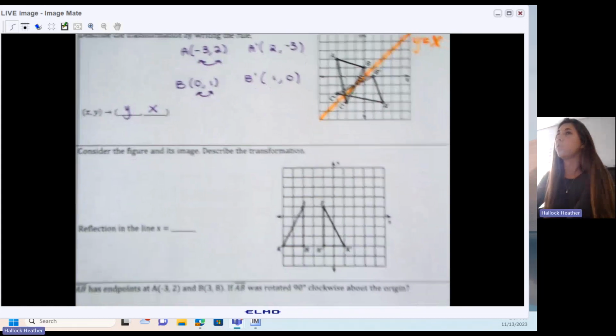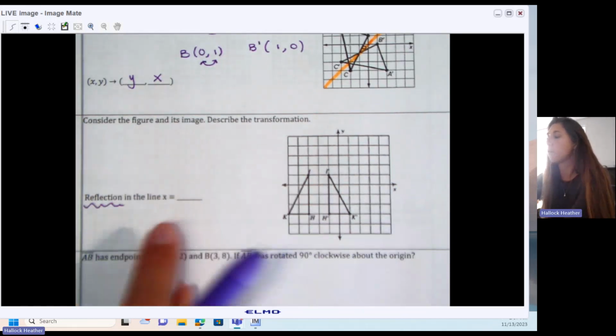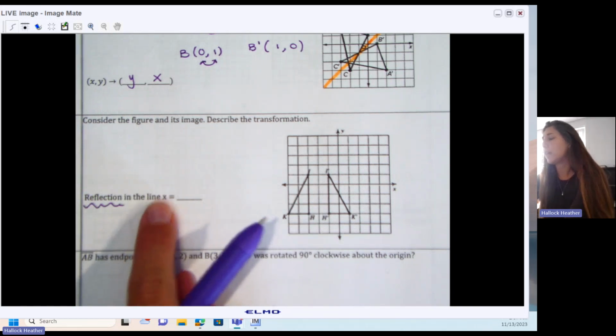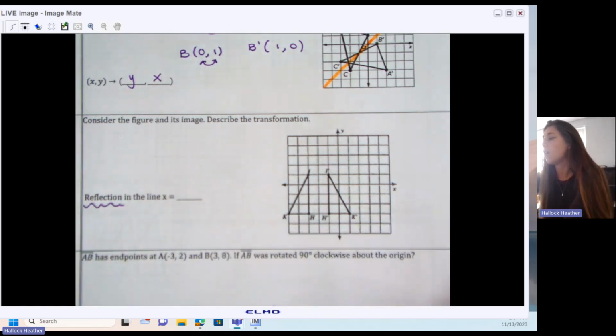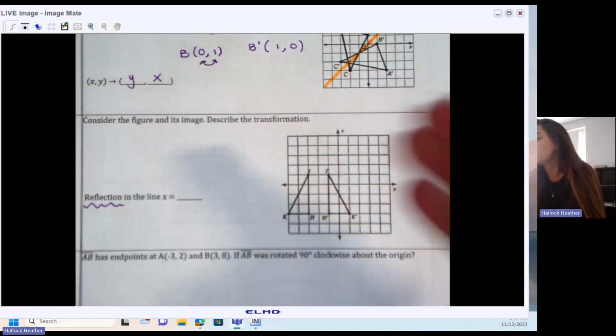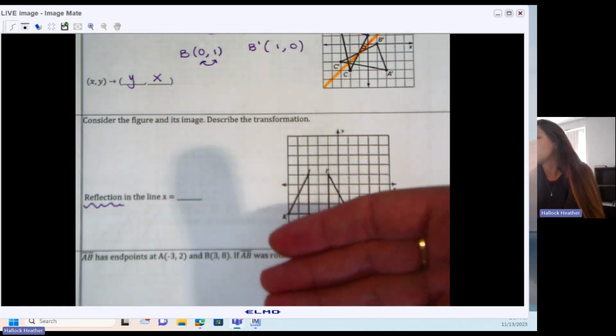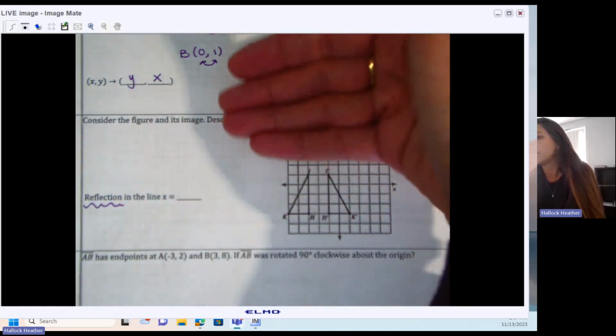For number 2, you're given a reflection and you have to write the equation for the line. The reason why it's x equals a number is because it is flipping from side to side. If it was y equals, it would start up here and then flip underneath itself, or start beneath it and flip above itself.